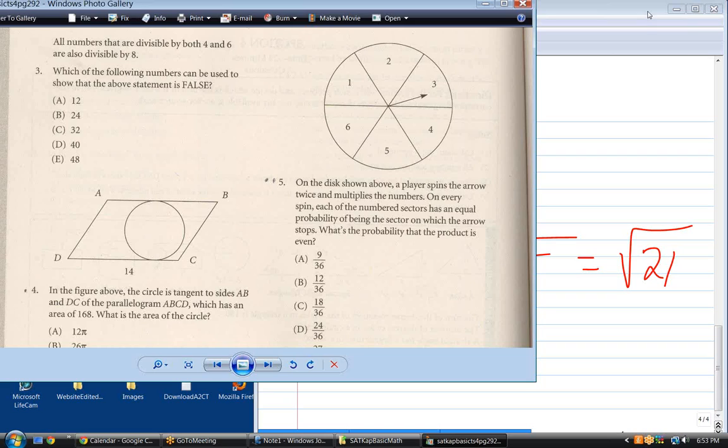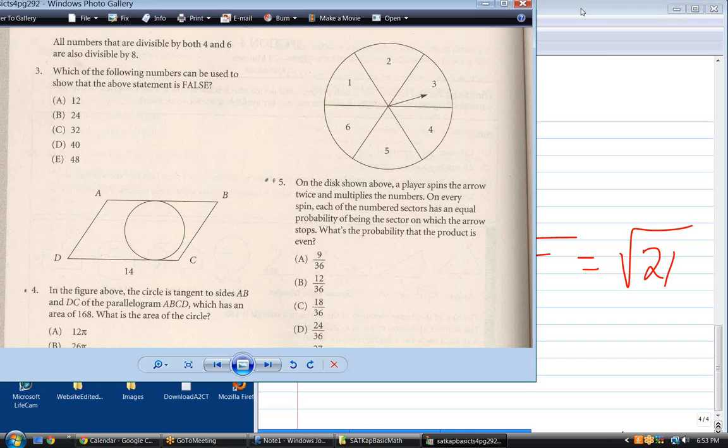Okay, number 3. Oh man. You just have to guess and check? Kinda. In other words, there is one result there that will disprove the statement, because we know it's not correct, right?